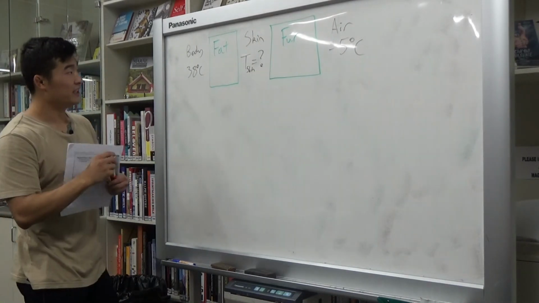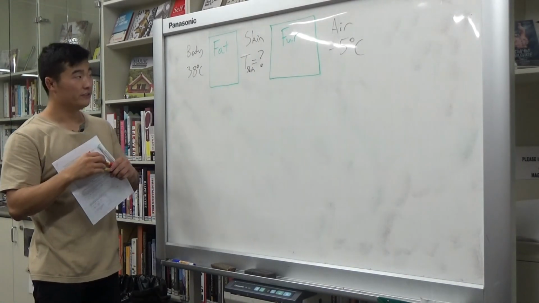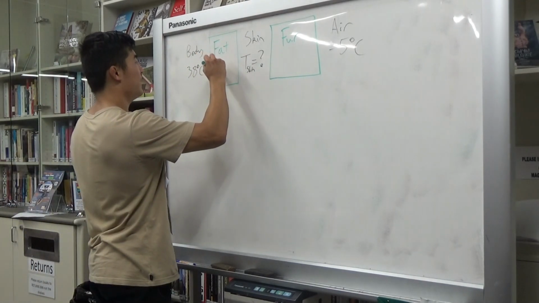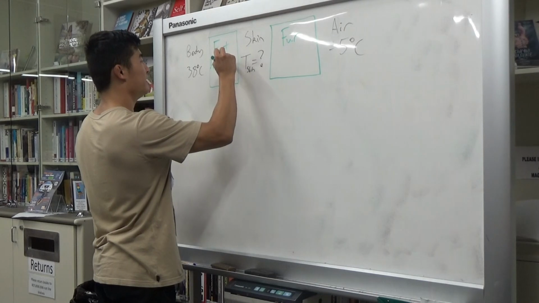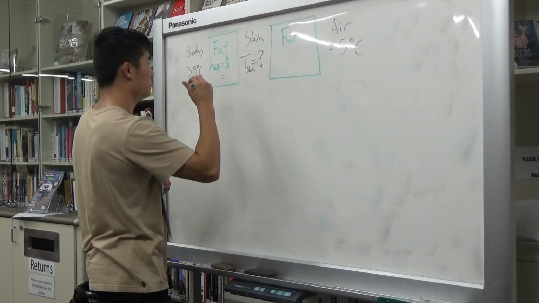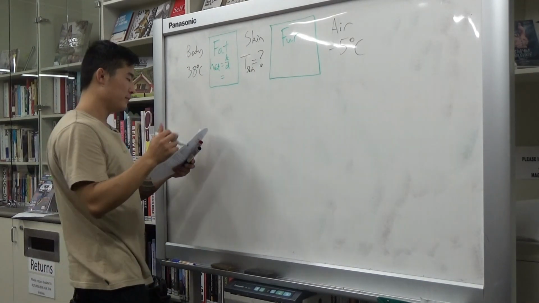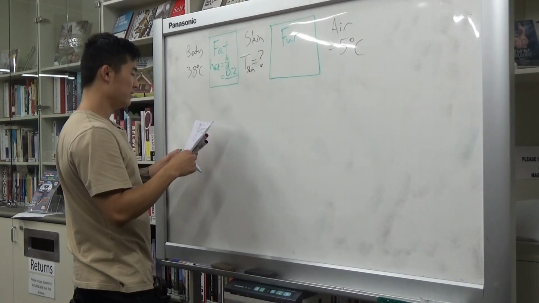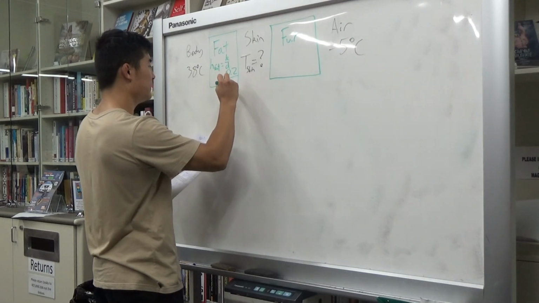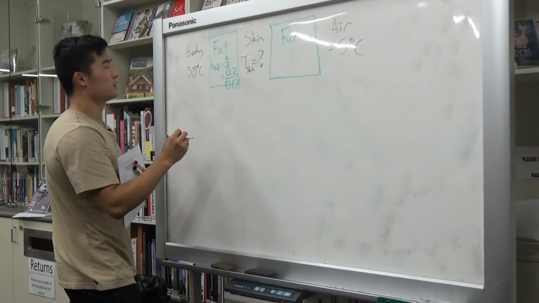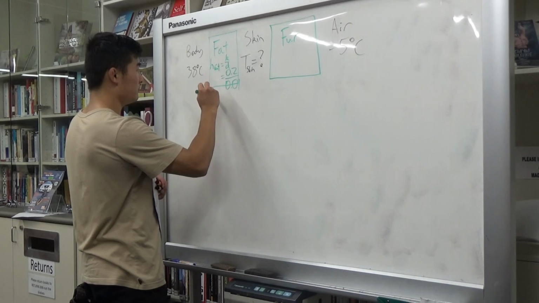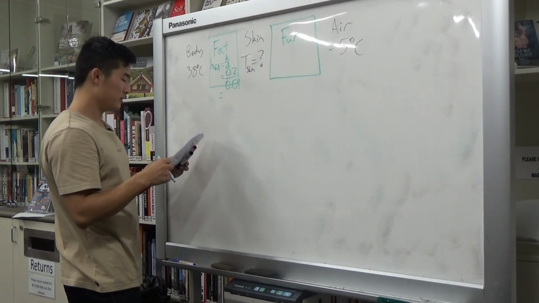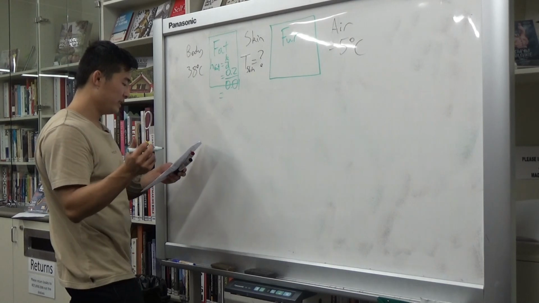So we're going to calculate the heat transfer coefficient of the fat. H fat is equal to K over D, which is 0.2 divided by 0.01, so 1 centimeter. So the H of fat is going to be 20.